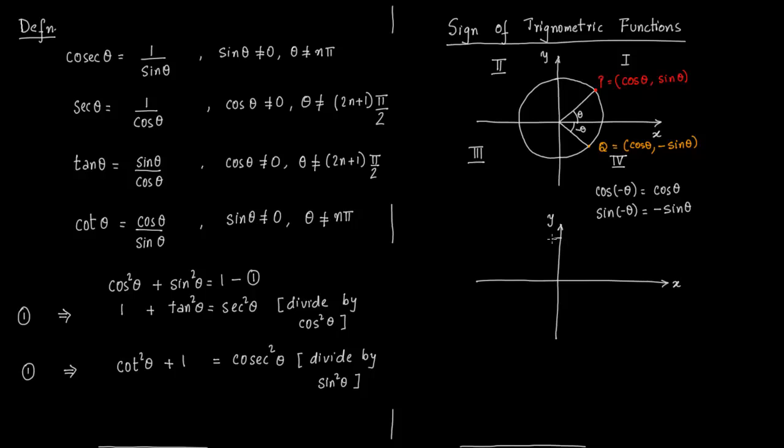Now again I want to draw another circle, and let us now talk about quadrants 2 and 3. We have already talked about quadrants 1 and 4. Again the labeling is the same, 1, 2, 3, 4, but we are now talking about quadrants 2 and 3.